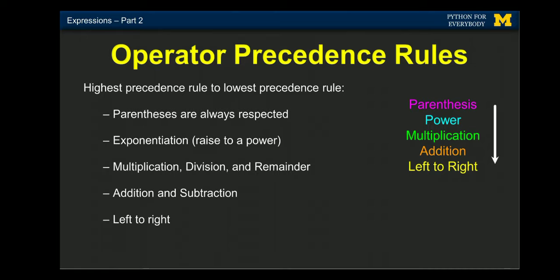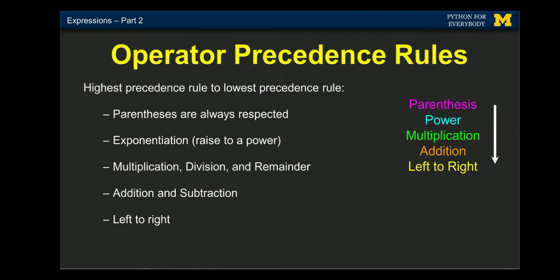Parentheses are always respected, because whenever you see parentheses inside any expression, you execute that expression first before going to any further expression. Exponent comes after the parentheses, which is raised to power. Multiplication, division, and remainder come next after the exponent, and addition and subtraction come after that, left to right.